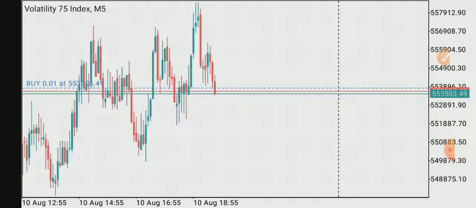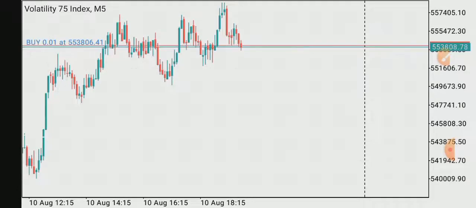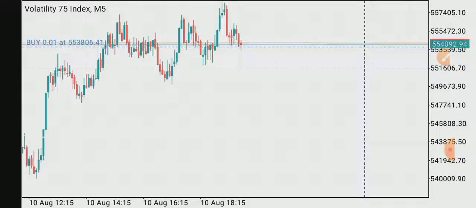So support is the downside, while resistance is the upside. Support is at the bottom while resistance is at the top.